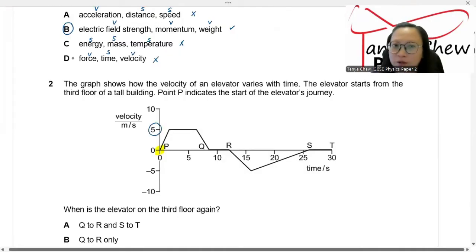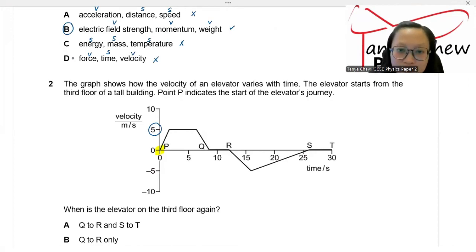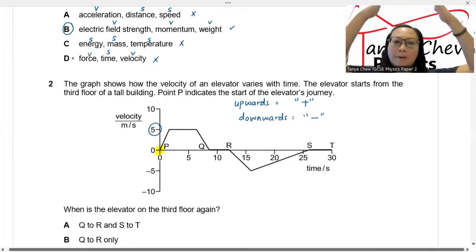If you want to consider the other way, it's not a problem. I will assume upwards as positive velocity and downwards as negative velocity.